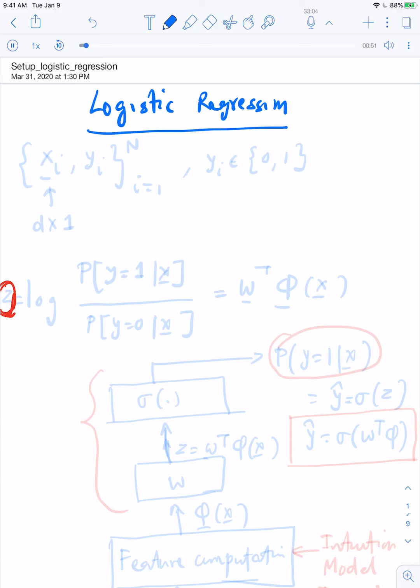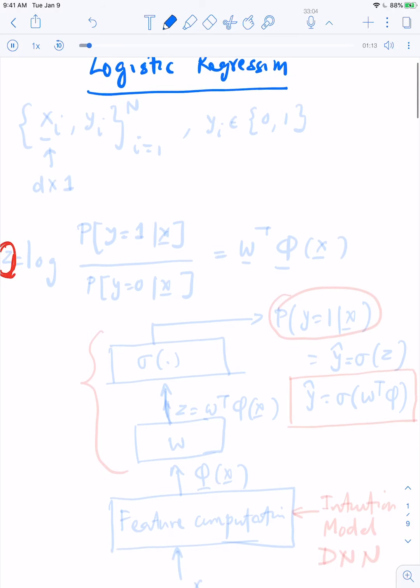The log of the probability of y equals 1 divided by probability of y equals 0, posterior probabilities, is going to be a linear function of a feature vector. And the linear function is based on these weights W, and those weights are to be learned in the logistic regression. What about the feature vector itself?